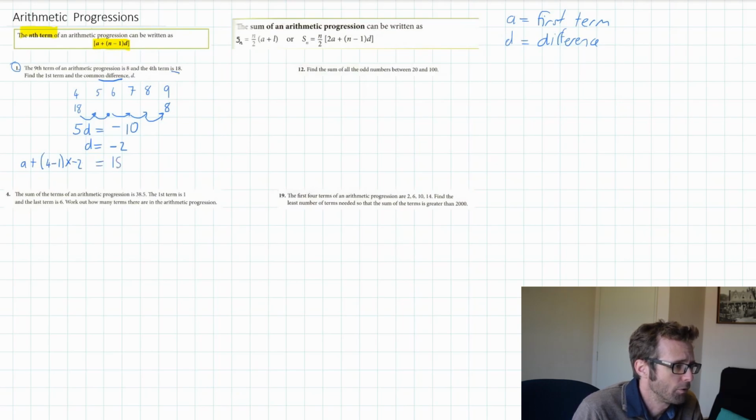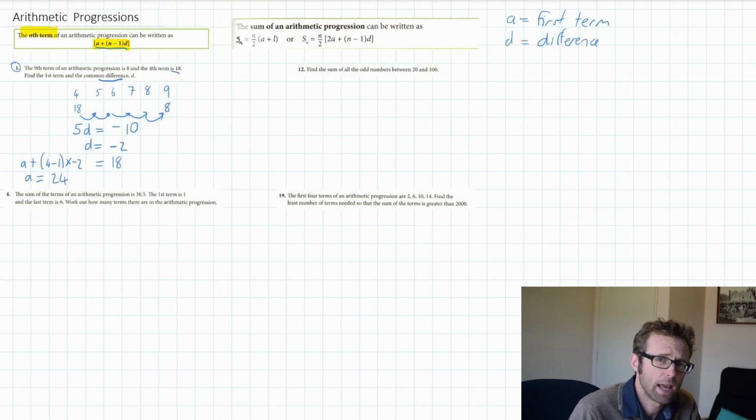So I'm using the formula up here and just inserting the numbers that I do know, and then I can rearrange this to find out what a is. If I do this, I will find that a is equal to, now let's see, minus 2 times 3 is minus 6, but then I add that on, so a should equal 24 in this case.